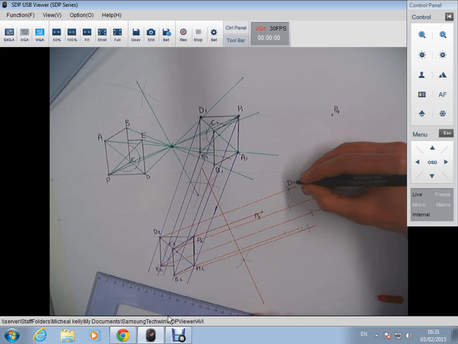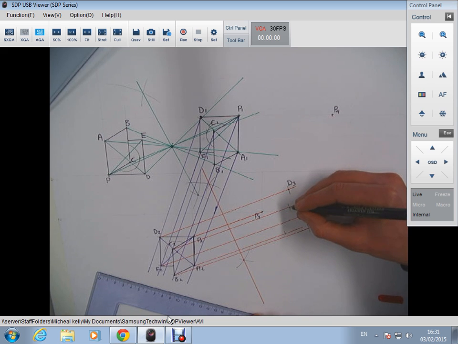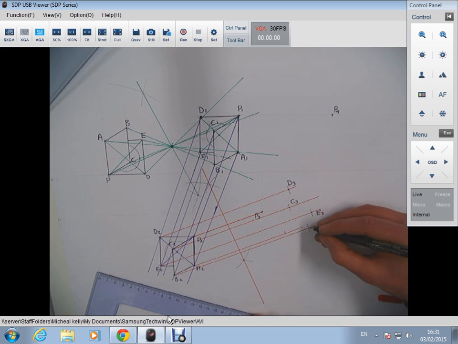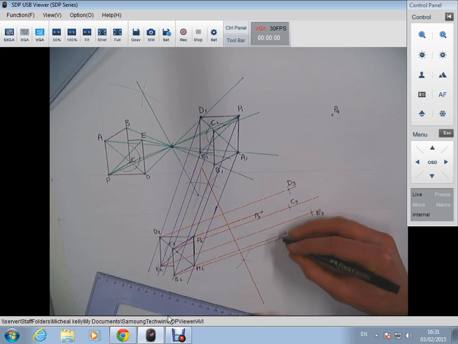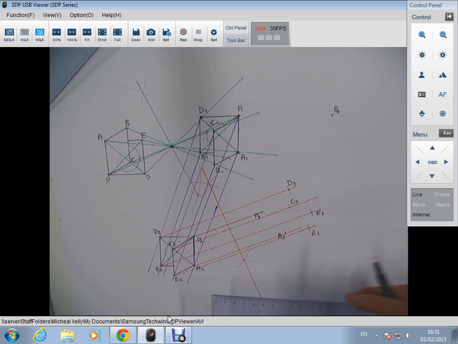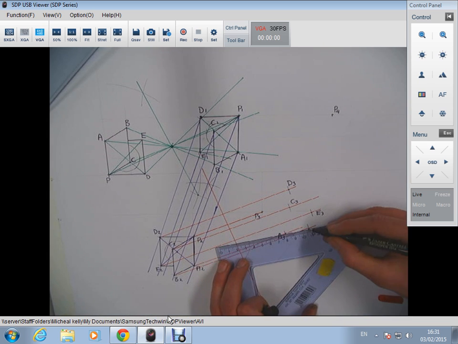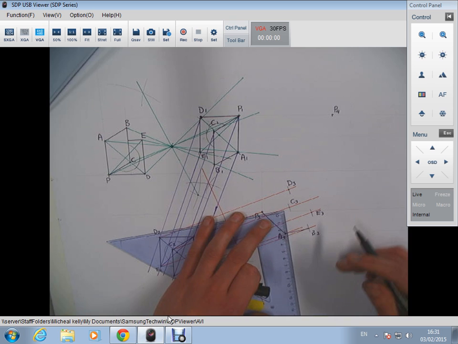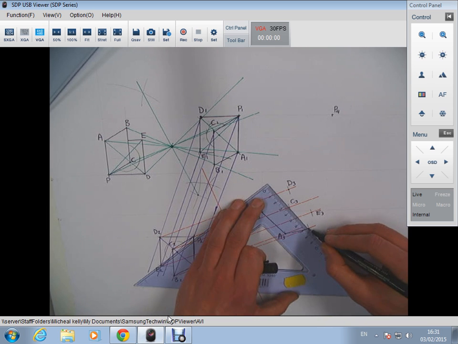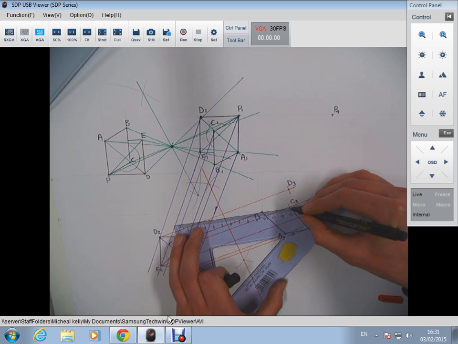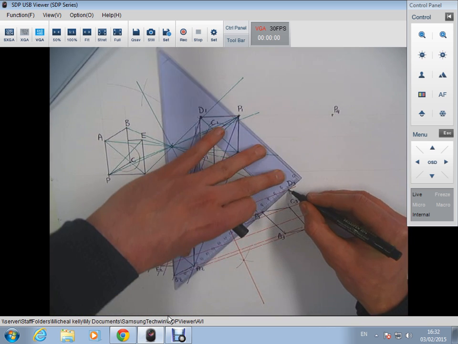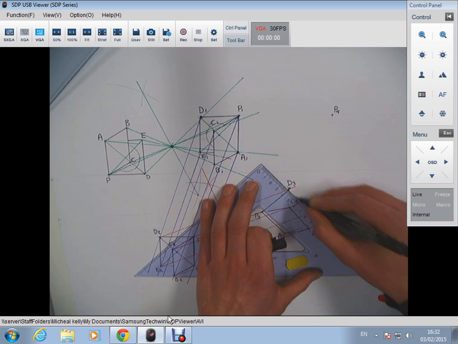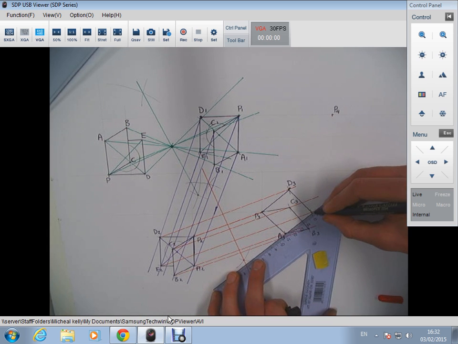So my point D3, point C3, point E3, B3, and A3, joining up my points in the exact same order: A to B, A to P, B to C, C to P, D to P, D to E, and E to A from here to here.